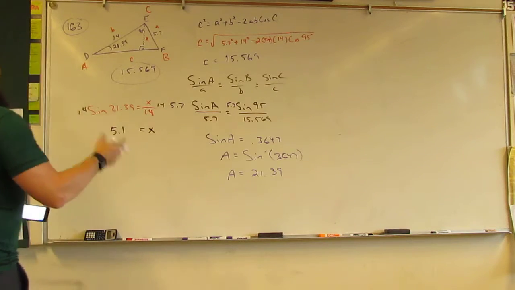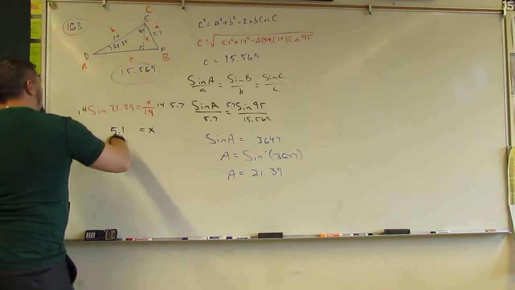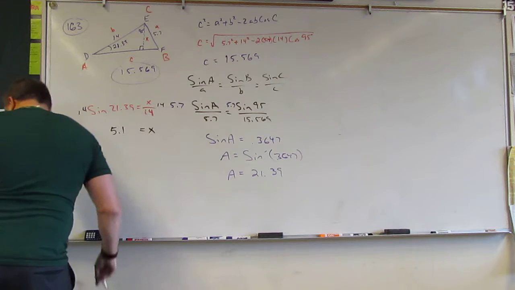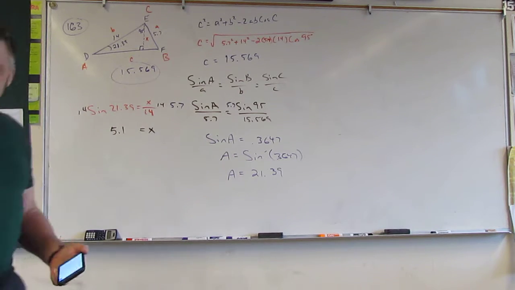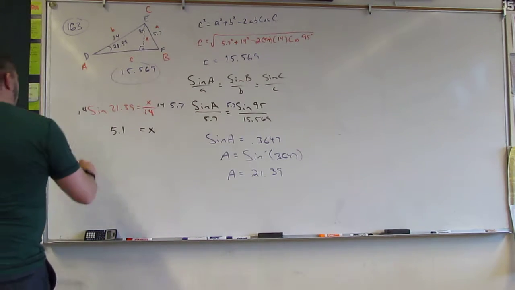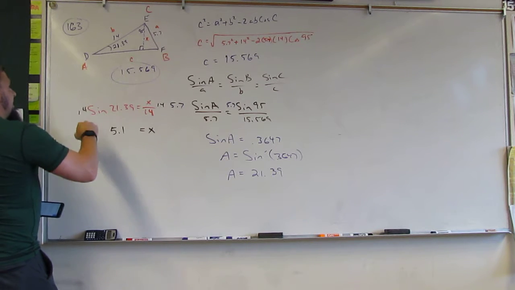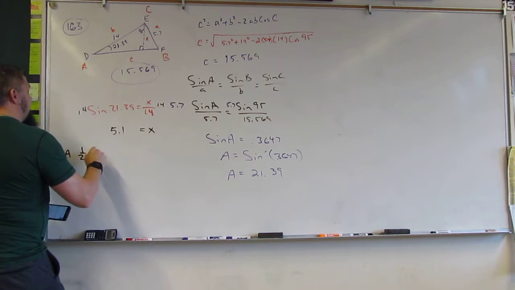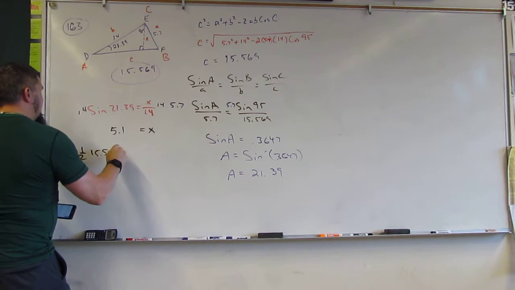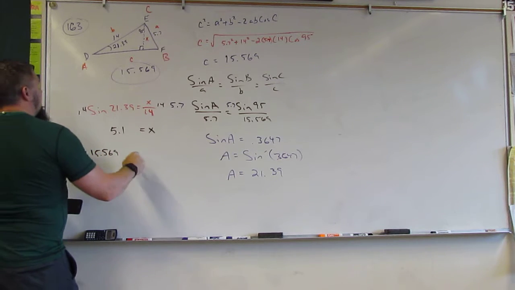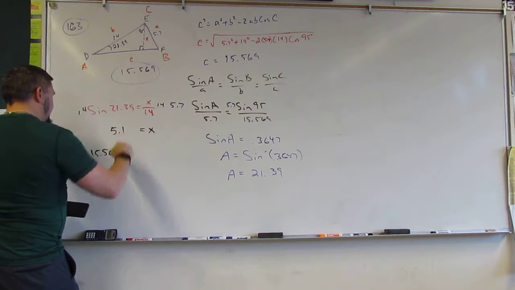Okay? Now I'll take that height. So remember, it asks for the area. So the area is 1/2 the base, and the base is this 15.569 times the height, which is the 5.1.